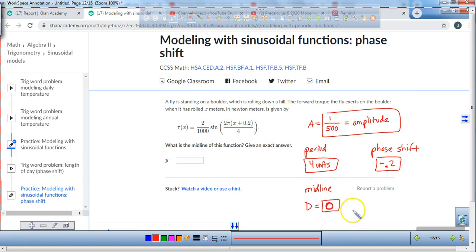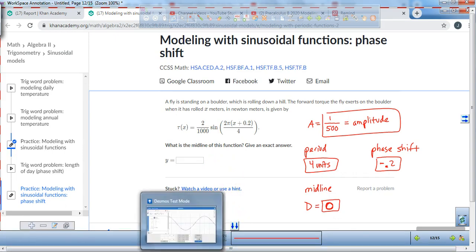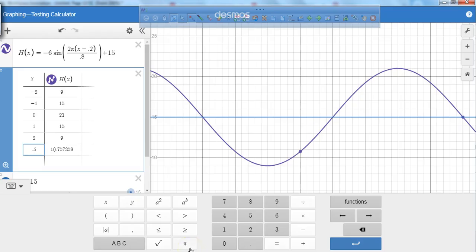But if you're ever second guessing yourself, just type it into Desmos, and we'll do it right now, and take a look at where our midline would be.